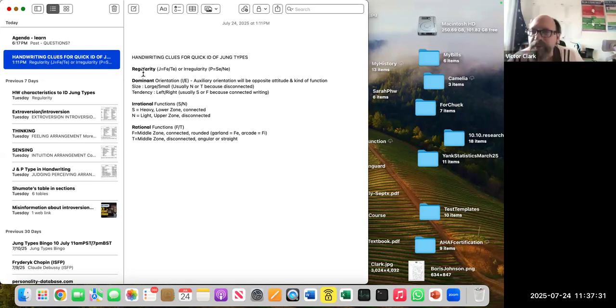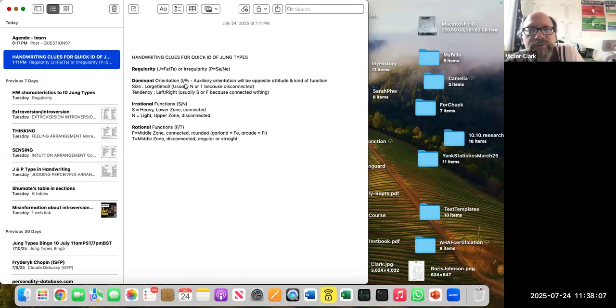And remember, we talked about how the judging type is a reference to the rational function being extroverted in either the dominant or the auxiliary position. So the rational function is the feeling or thinking. I've got that little E there because it's a function attitude.